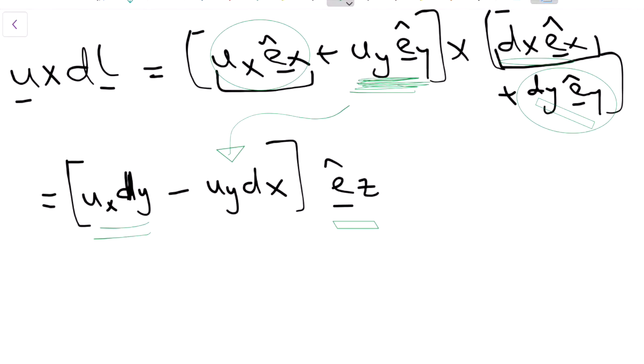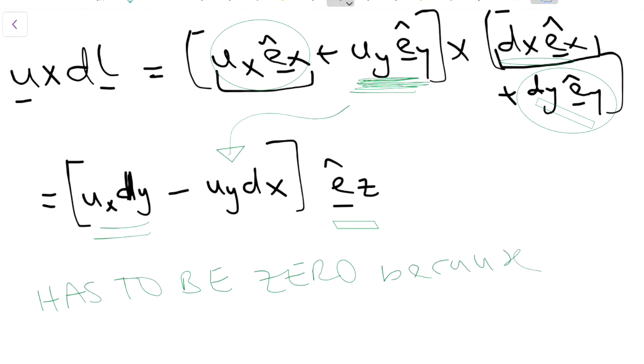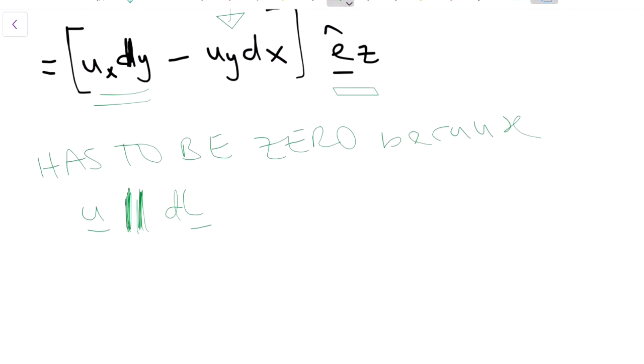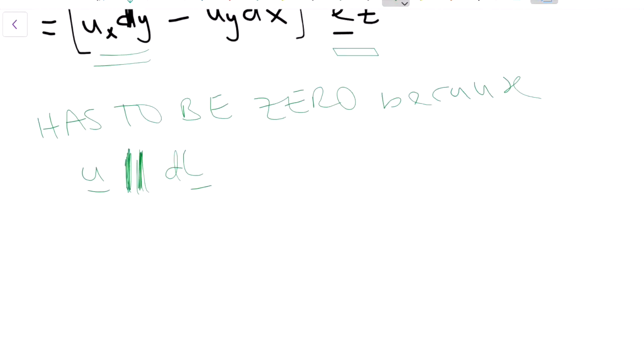So now this has to be 0, because, you guessed it, U is parallel to DL, and this is by definition. So therefore, what you end up with is ux dy minus uy dx must be 0.